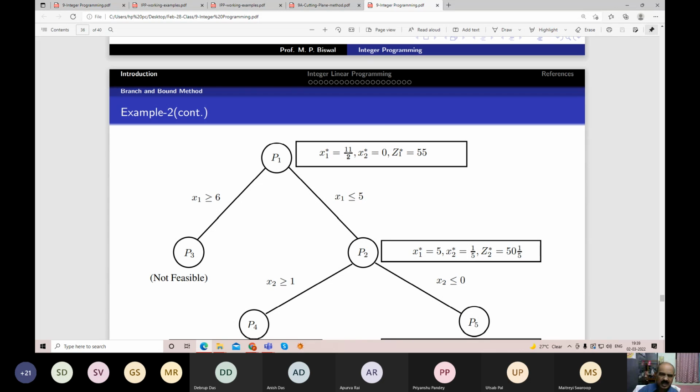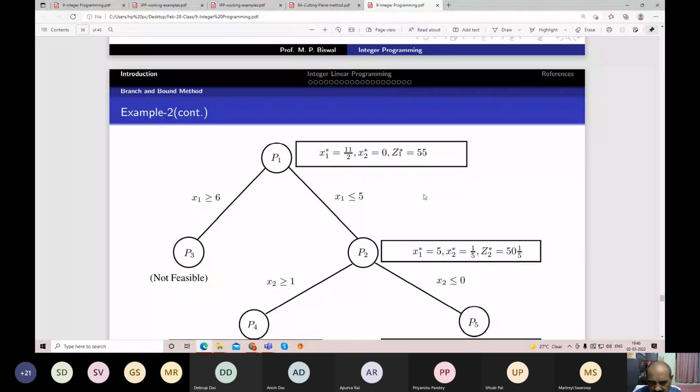Now with respect to 11 by 2, we'll have two branches. x1 less than or equal to the integral part of 11 by 2, that is 5, and x1 greater than or equal to the integral part of 11 by 2 plus 1, that is 6. The interval between 5 and 6 has no integral solution for x1.